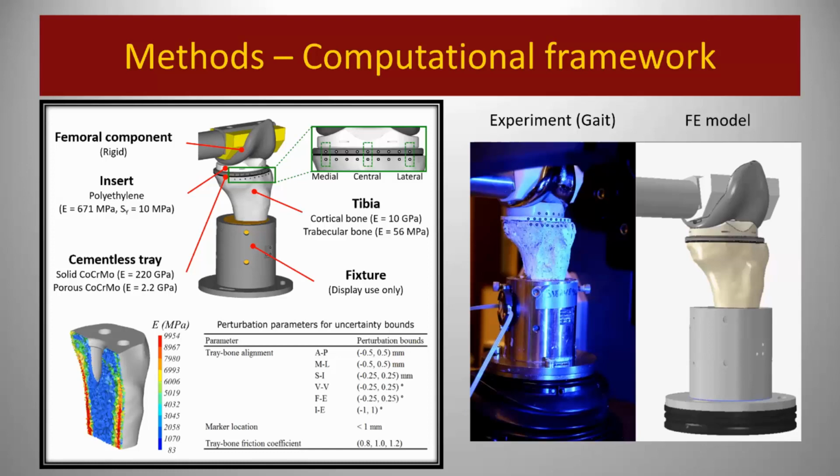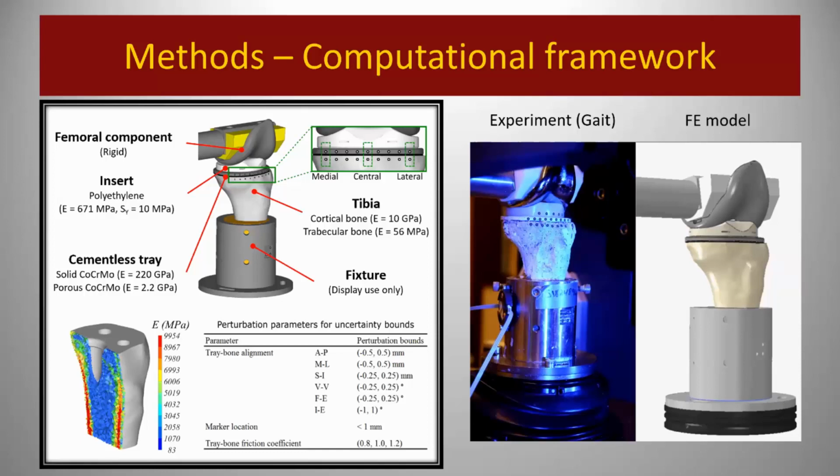The deformable bone implant constructs were loaded through a rigid femoral component with the output loading conditions from the Vivo machine. Uncertainty bounds for the computational predictions were generated by perturbing tray alignment within experimental uncertainty and perturbing coefficient of friction.